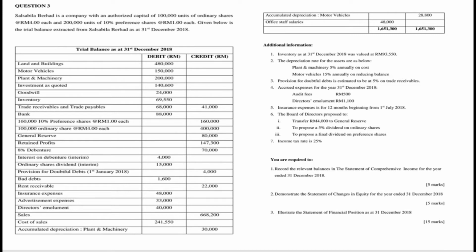Bad debts, rent receivable, insurance expenses, advertisement expenses, directors' emolument, sales and purchases go in the SOCI. Accumulated depreciation for plant and machinery and motor vehicles goes in the SOFP, and lastly, office staff salaries go in the SOCI.